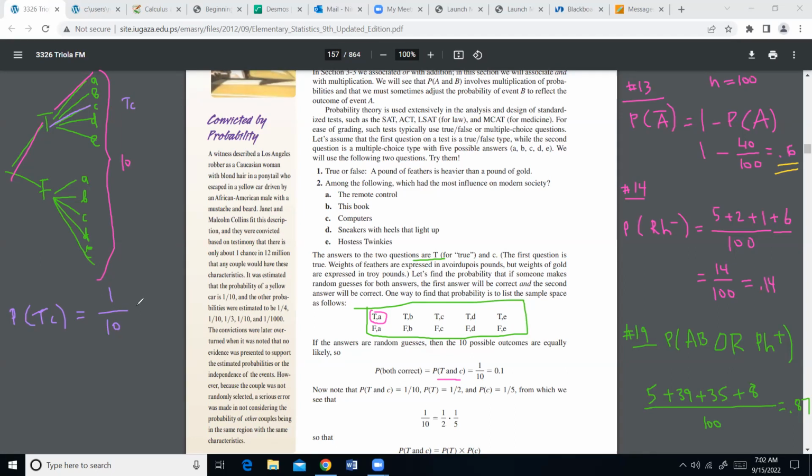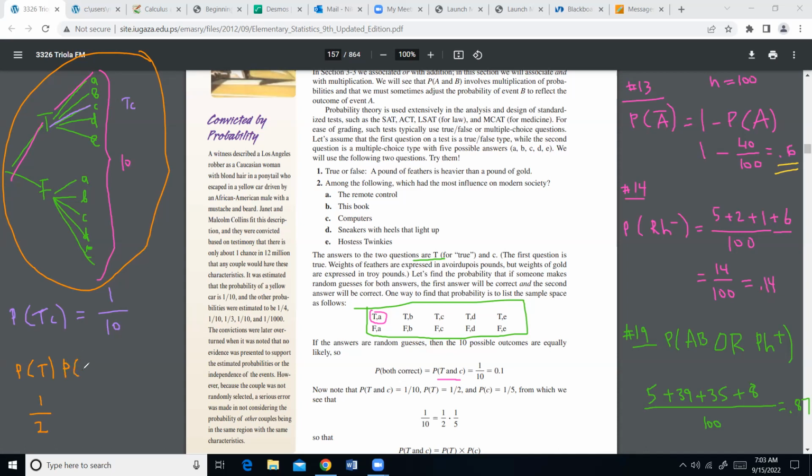So the point of this section is to actually do it a little bit differently. The point is not to bother with all of that, because that's a lot of writing. What they do is they find the probability of T. Notice if you have 2 answers, the chance that you guess it correctly will be 1 out of 2.